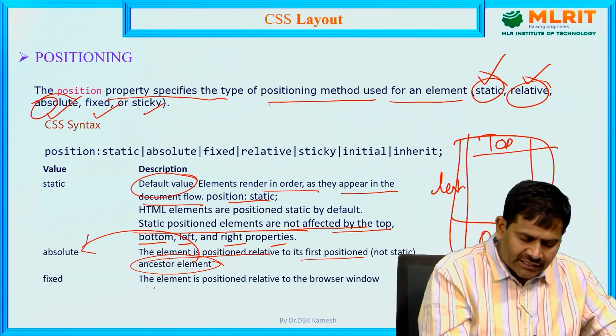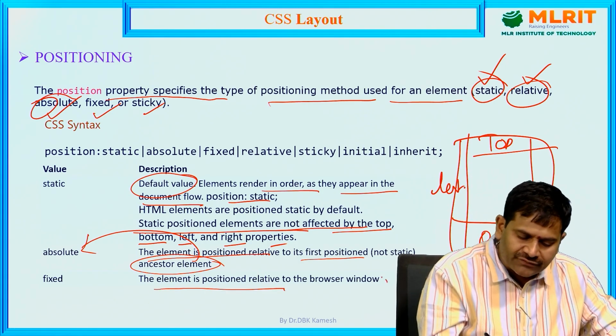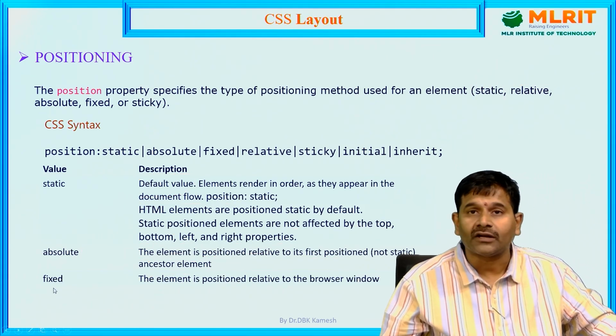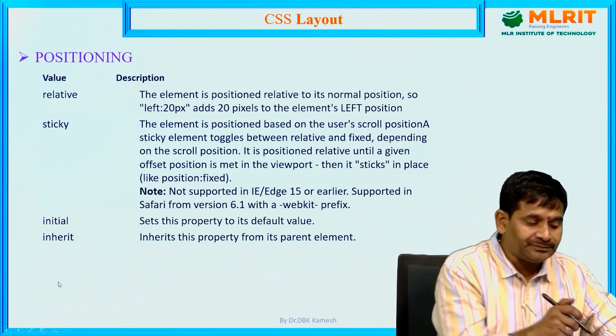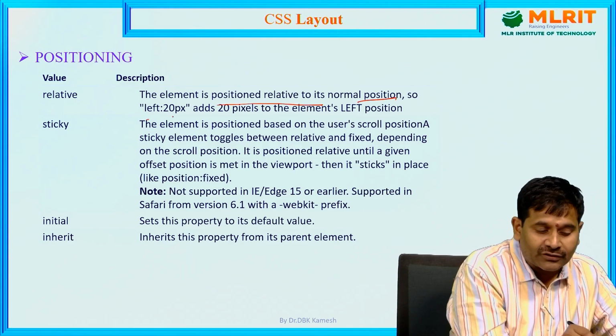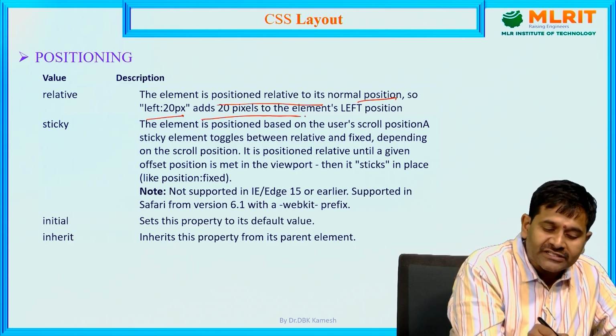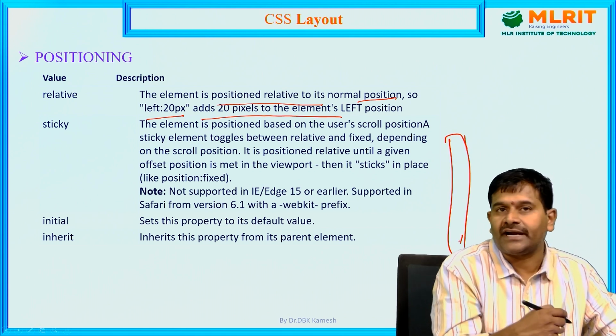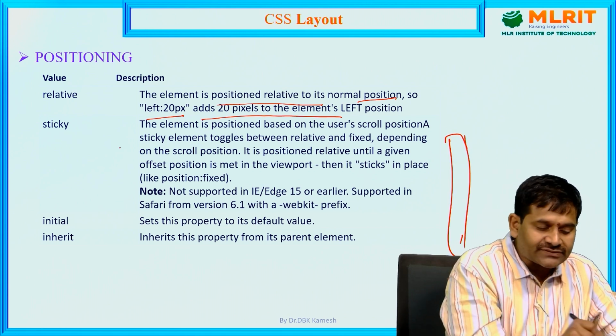The third one, where the element is positioned relative to the browser window, is called fixed, right? Then relative: the element is positioned relative to its normal position. So left 20 pixels adds 20 pixels to the element on the left side. The last one is sticky.